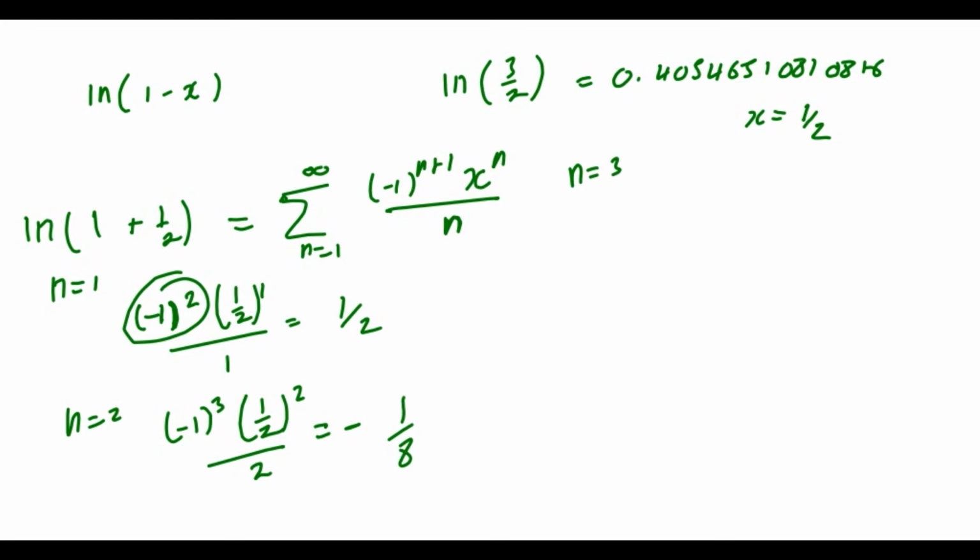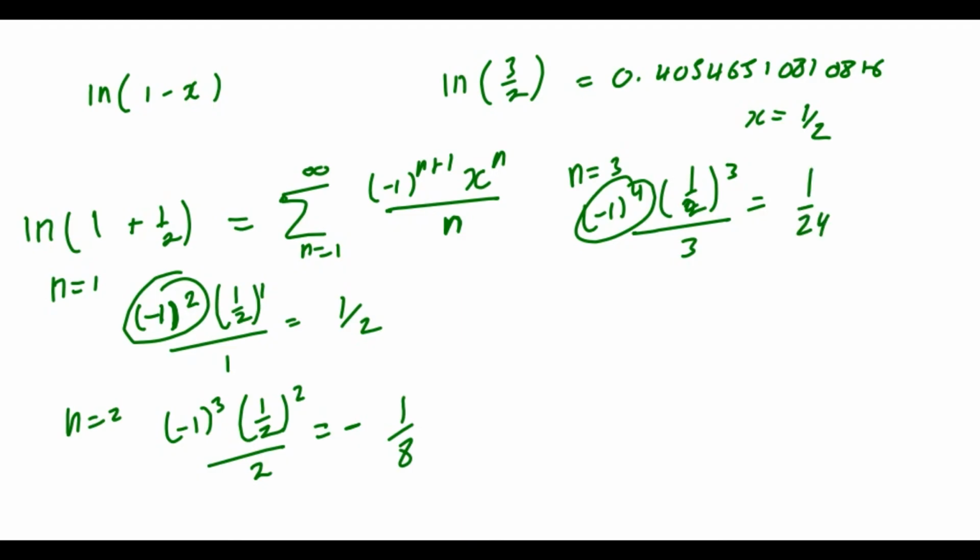You're going to have negative 1 to the power 4, then you have 1 over 2 to the power 3, sorry, not 4 but 3, then divide by 3. This is going to be positive, so it will be 1 over 8 times 3, that will be 1 over 24.